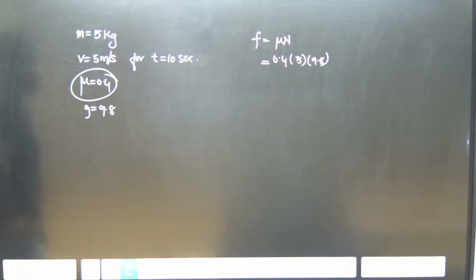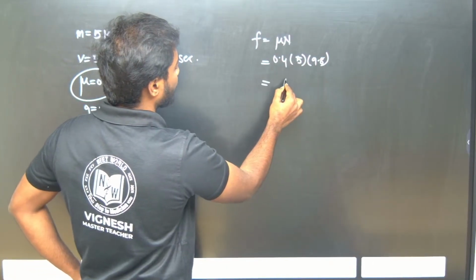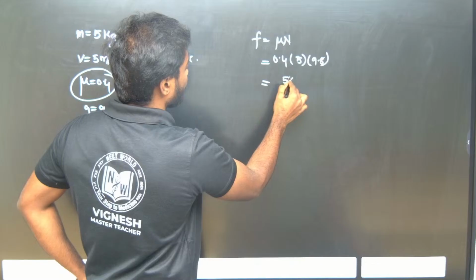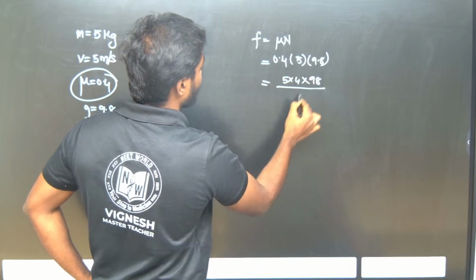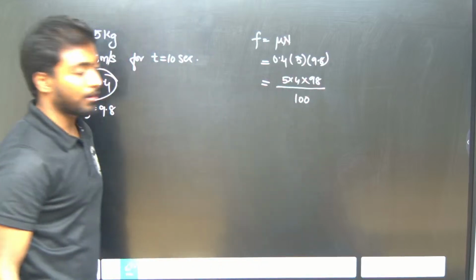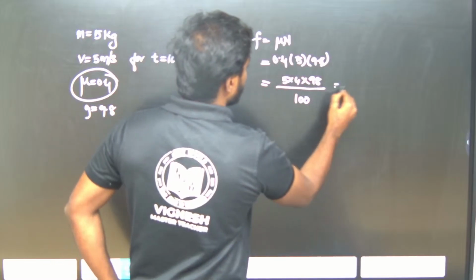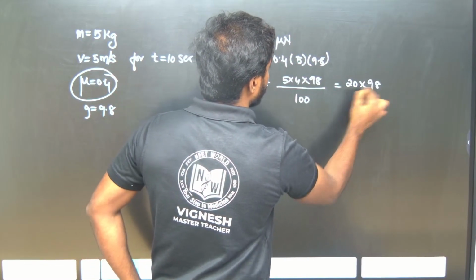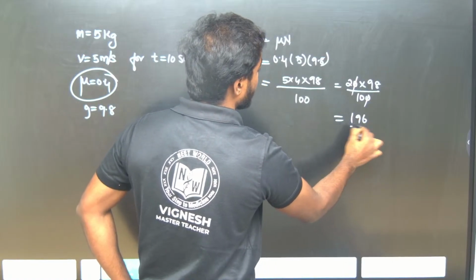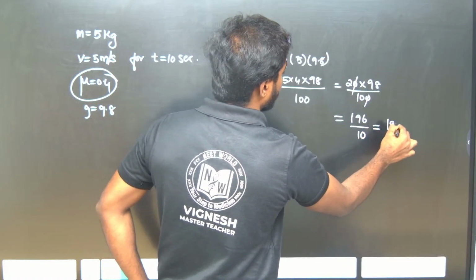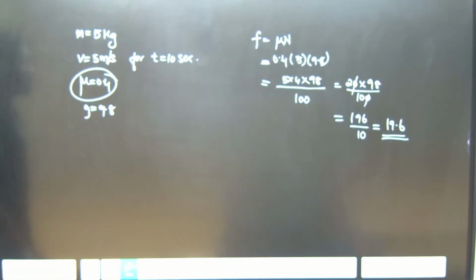To remove the decimal points, I can do 5 into 4 into 98 divided by 100. This is 20 into 98 divided by 100, the zeros cancel, 196 divided by 10. So 19.6 is the F value.